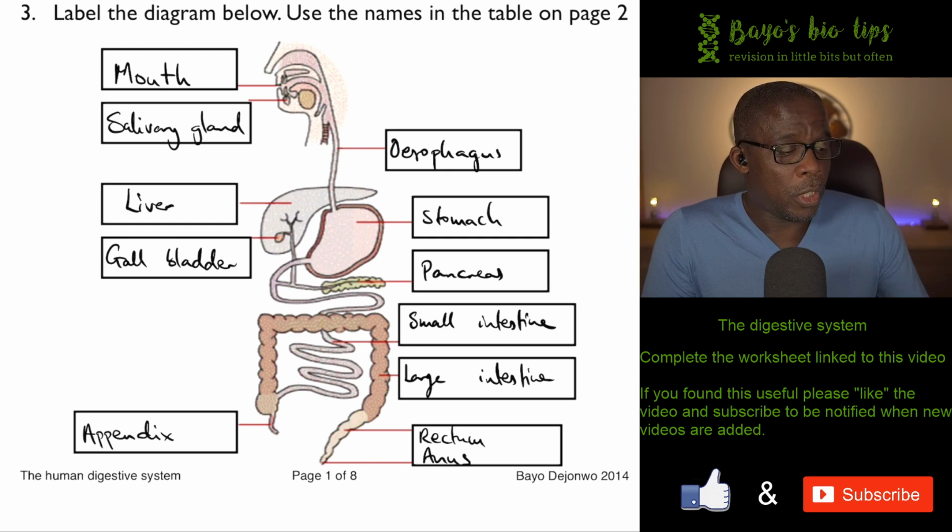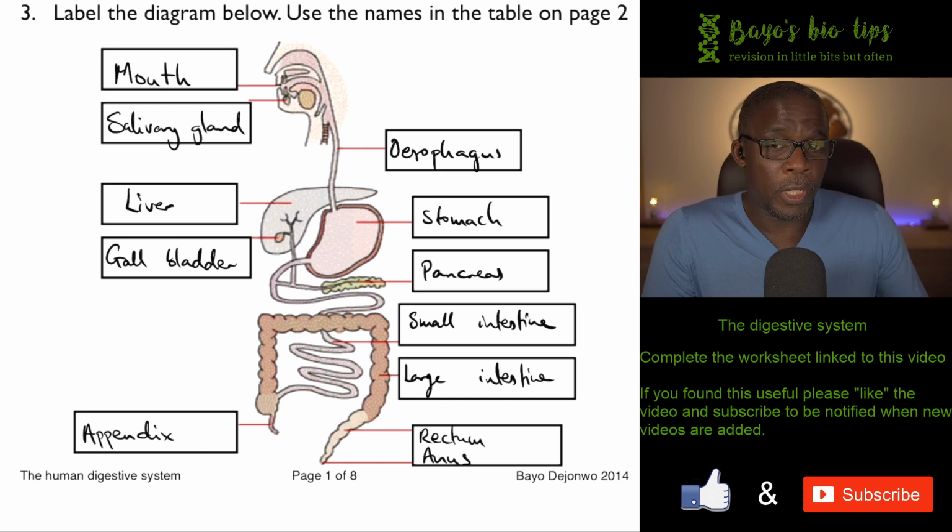Afterwards, you've got the pancreas, which has two main functions. It controls blood glucose levels, but also produces the last batch of really important enzymes in a mixture called pancreatic juice. And pancreatic juice completes the digestion of most of the rest of the food that's left in the small intestine.